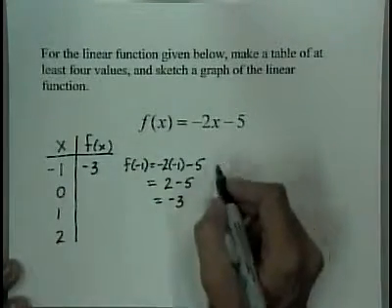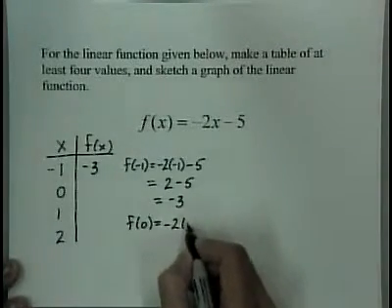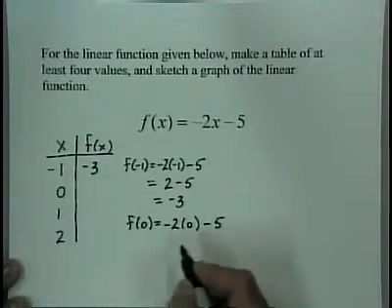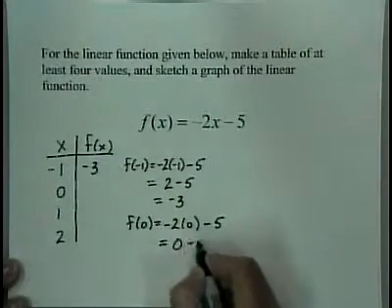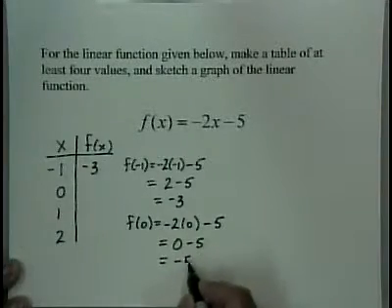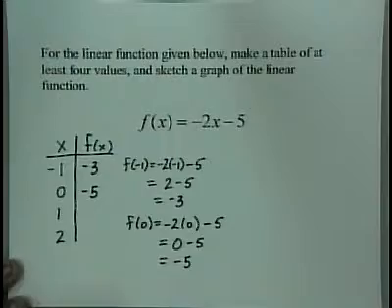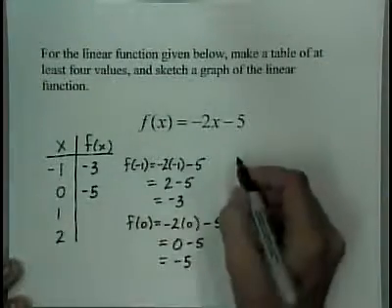Now I'm going to find f of 0. According to my function, that's -2 times 0 minus 5, or 0 minus 5, which is -5. So f of 0 is -5. Now I want to find f of 1.